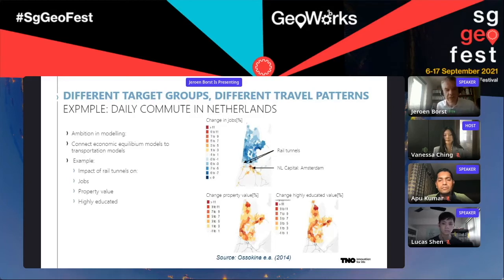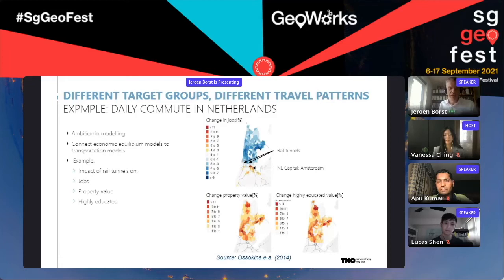Another effect that you see is that the property value in the same area where the number of jobs declined increased. And you also see that the number of highly educated people in the north of the Netherlands increased. So you can say for these tunnels, this new infrastructure worked very well for the highly educated people with already existing opportunities. Now they got access to a nice, less dense part of the Netherlands where they can live.